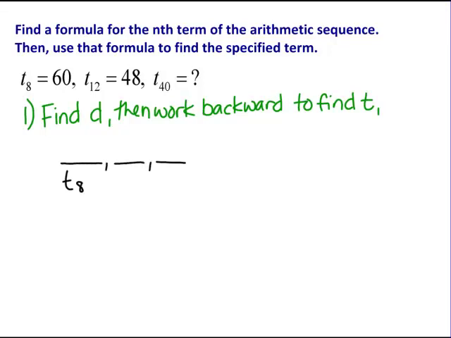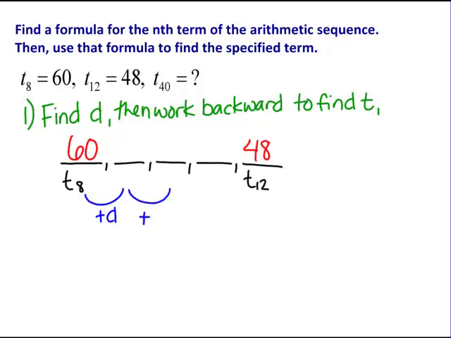So if this is my 8th term, then there's the 9th, 10th, 11th, and here's where my 12th term goes. The 8th term is 60, the 12th term is 48. And of course, I know that to get from one term to the next, you add a common difference.